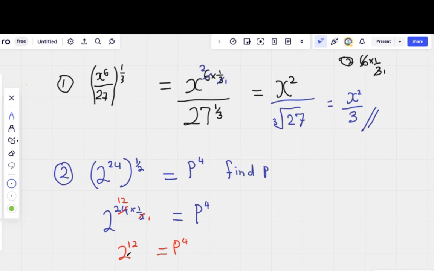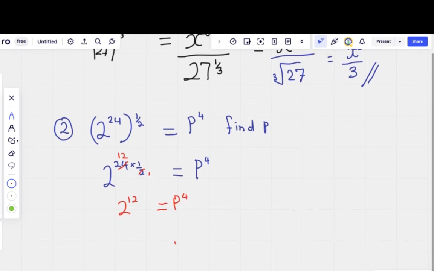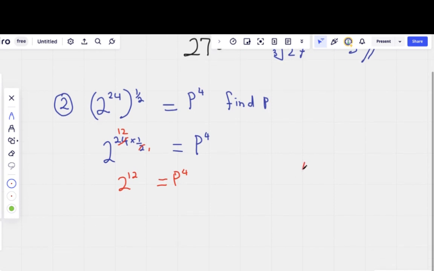We want a number that you raise to power 4, it will give you that same number. 2 to the power of 12, meaning 2 times 2 times 2 in 12 places, what number will you get? 4096, right? Yes. Okay, this is equivalent to 2 to the power of 12.